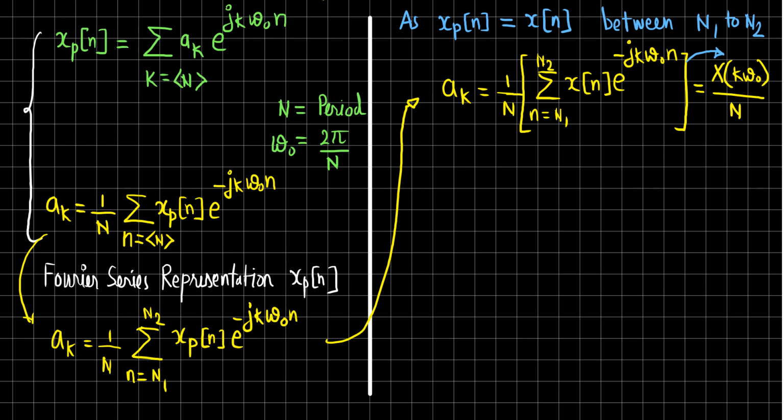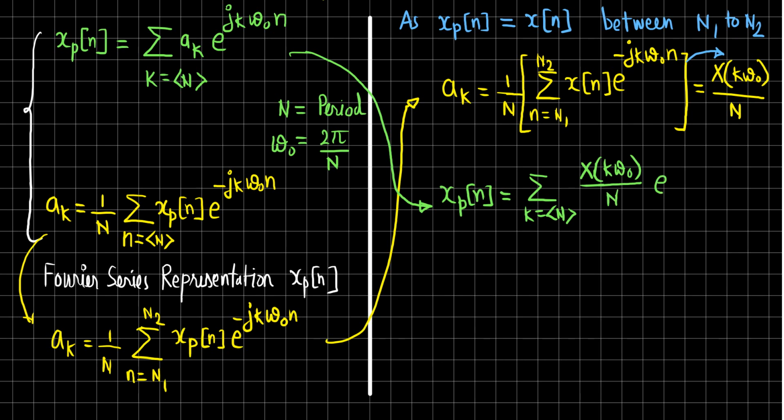So what I obtained here is that if I take this equation, this equation is going to be x_p of n equals summation over a period of N, and this a_k is capital X of k omega naught by capital N times e power j k omega naught n.